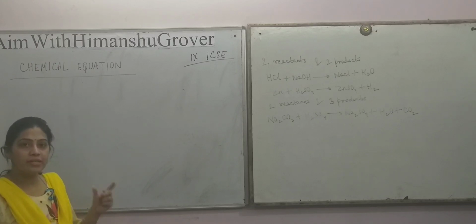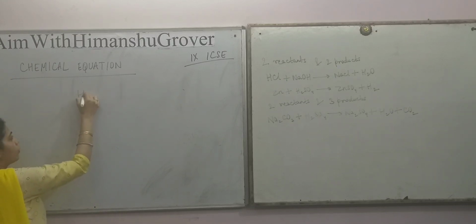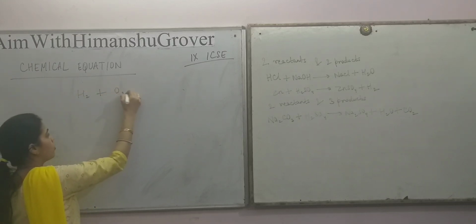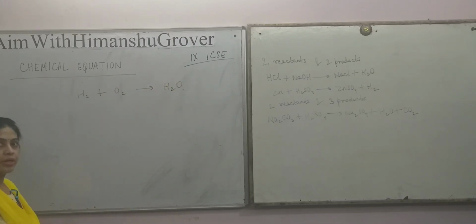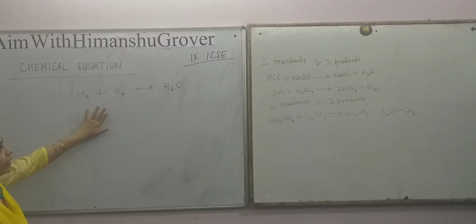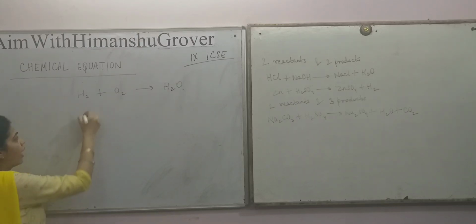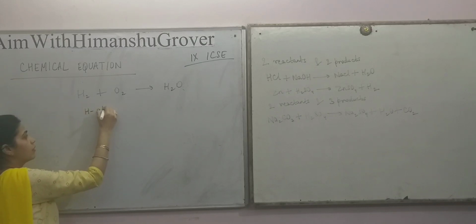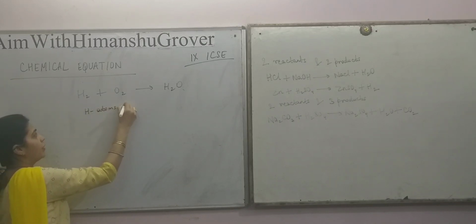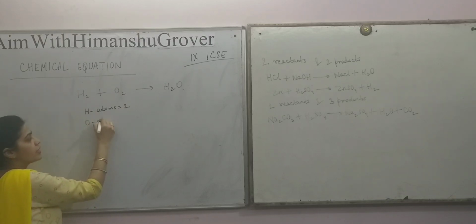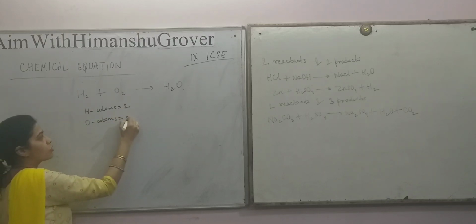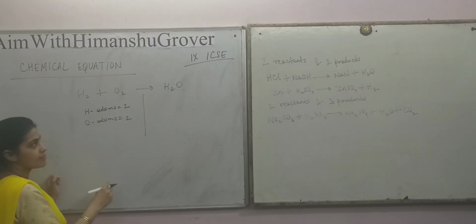Let us take a very simple example. Hydrogen combines with oxygen, it forms H2O. It forms water. Let's see here in the reactant, the number of hydrogen atoms is 2 and the number of oxygen atoms is also 2 on the reactant side.